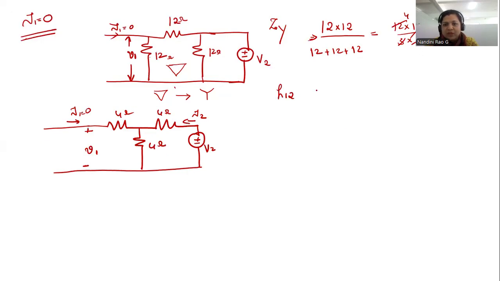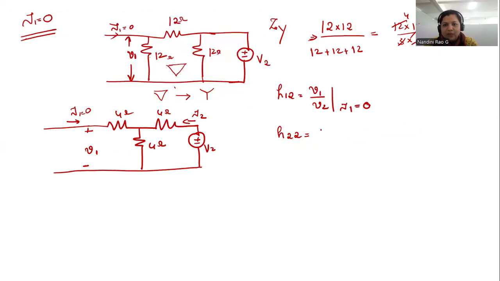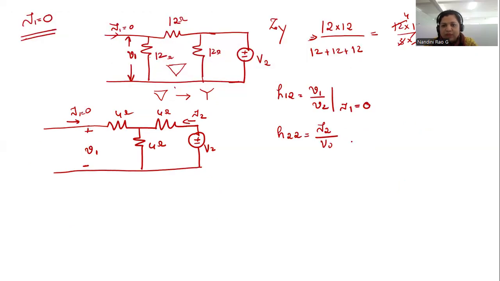H12 is V1 by V2, correct? Sorry, H22 is, I should not be wrong, I2 by V2, with I1 equal to 0. First, let's find whichever is feasible for us. So let me check for H12.